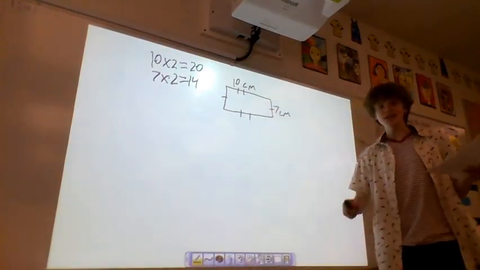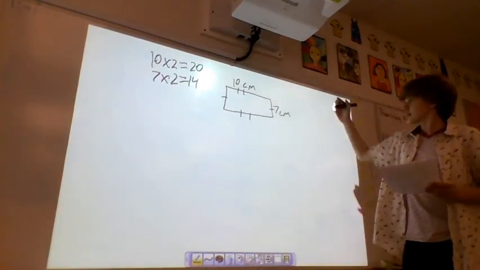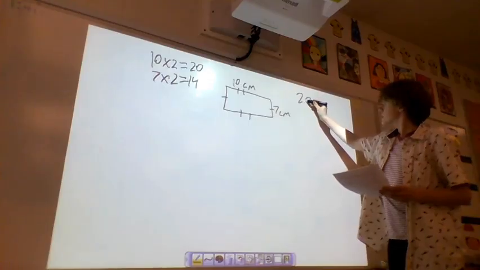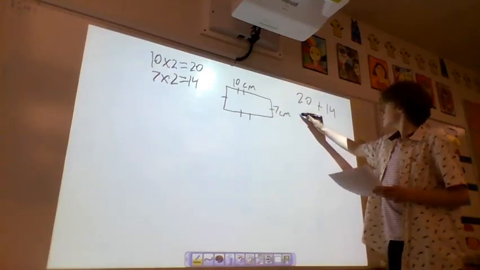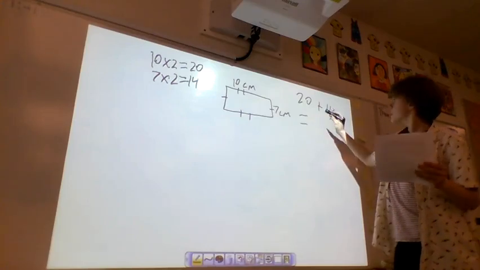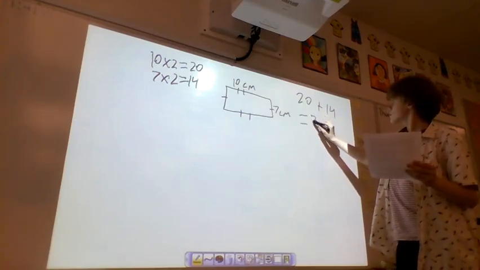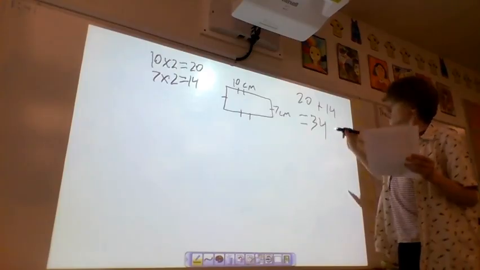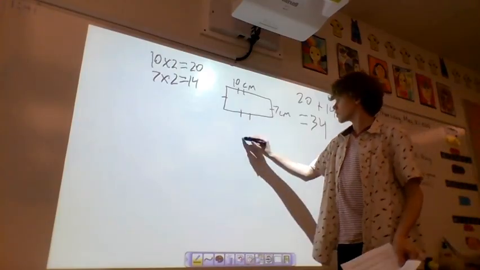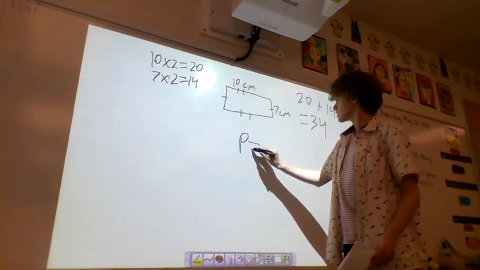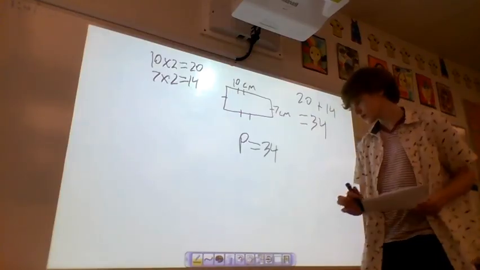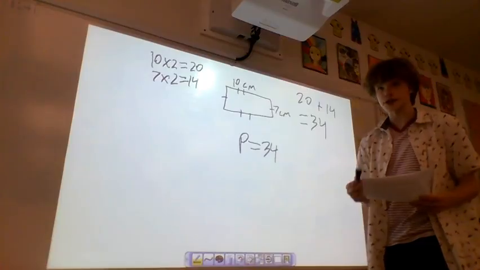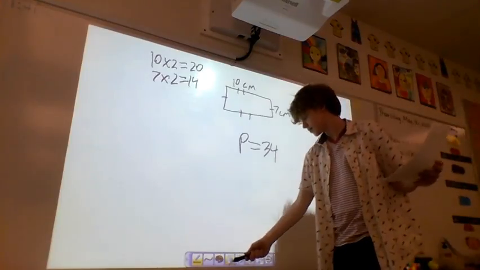Now, all we need to do is add these numbers together, so 20 plus 14 equals 34, which gives us our answer. The perimeter is 34. And that's our first shape right there. Nice and easy.